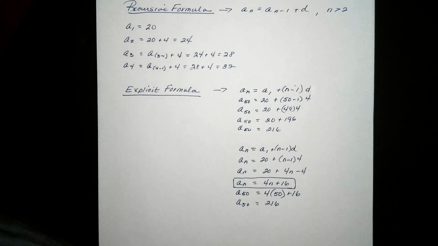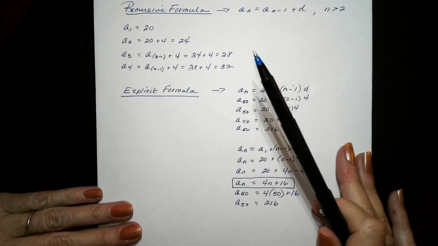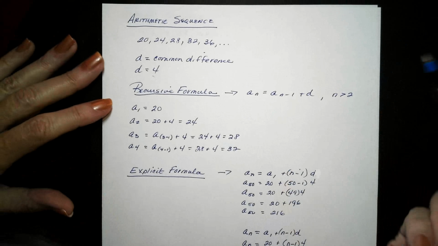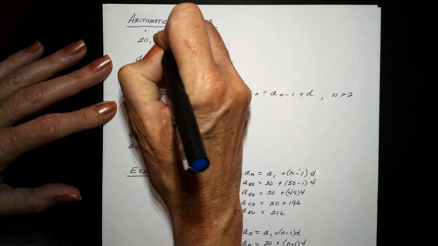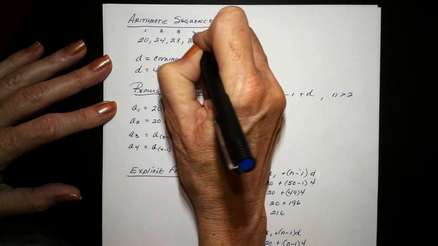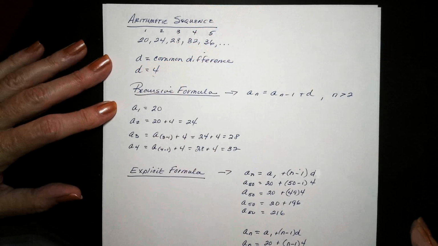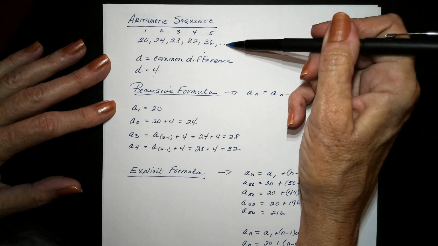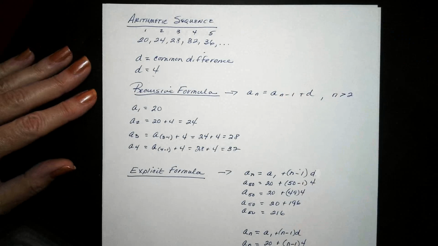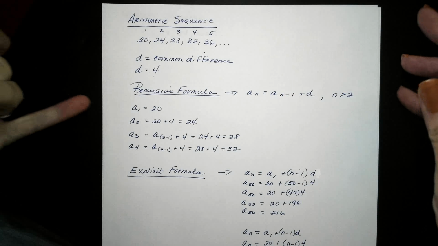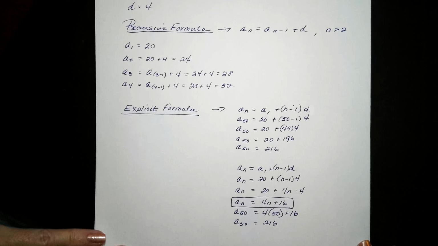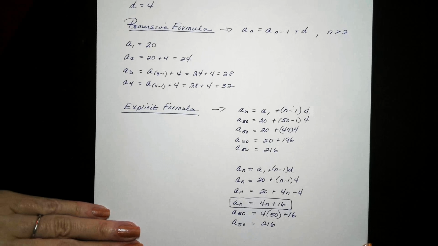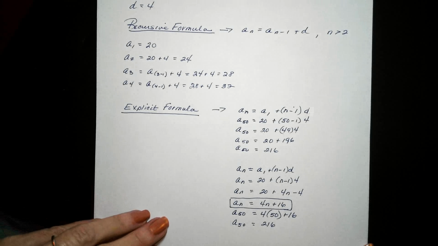And if you were to graph, going back to up here, okay, if this was my output, my input would be the order that they're in. This would be 1, 2, 3, 4, and 5. Okay, these would be my x terms, this would be my y terms, and in fact I could graph it and I would get a straight line. So it is a linear function. Okay, this was in chapter 3. If you want to go back and practice doing some problems, that's where you'll find it.